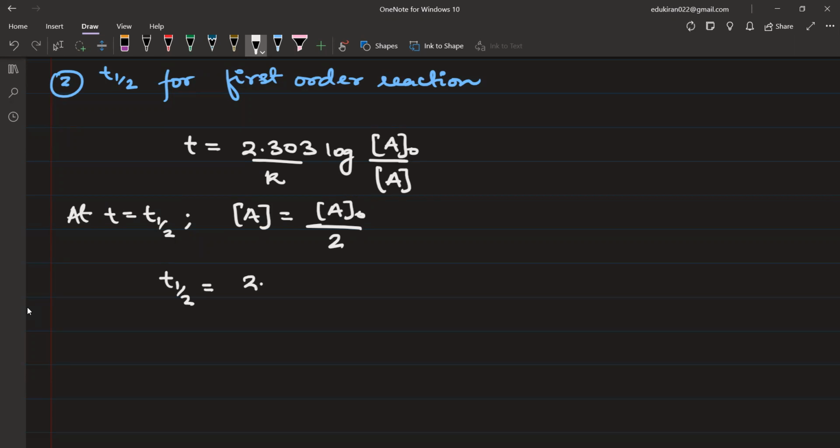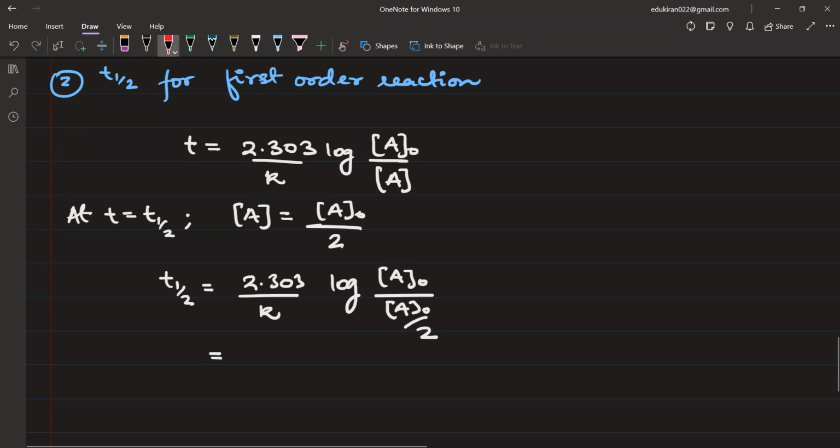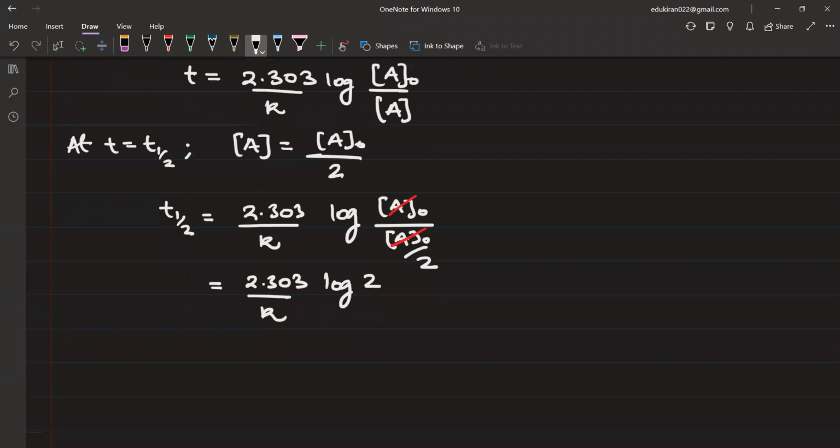And then we can write T half is equal to 2.303 divided by the rate constant, log of A naught upon this A. This A is A naught by 2. Now you can see that this A naught and this A naught can get cancelled, and you will get the value as 2.303 divided by K log, denominator of denominator is numerator, so it will become numerator like this, log 2.